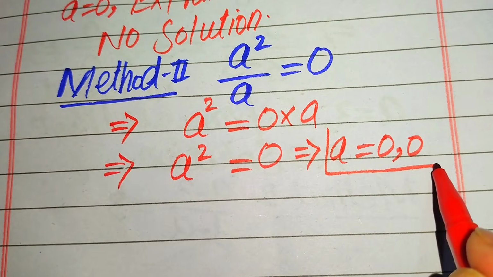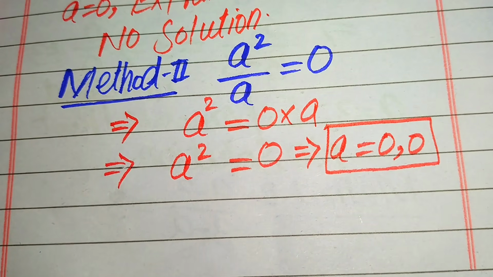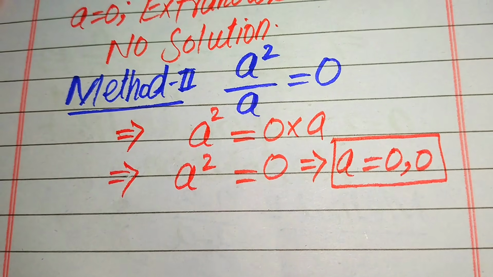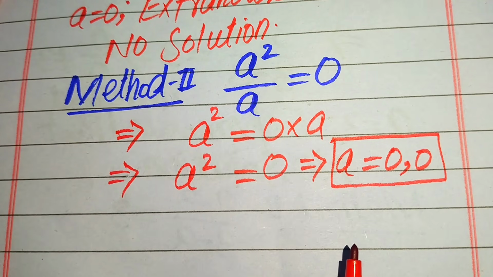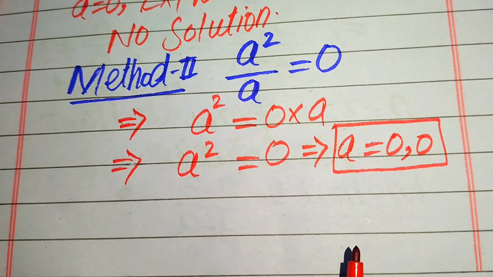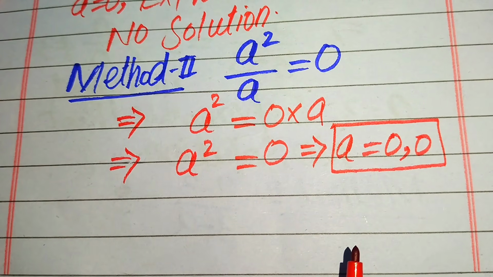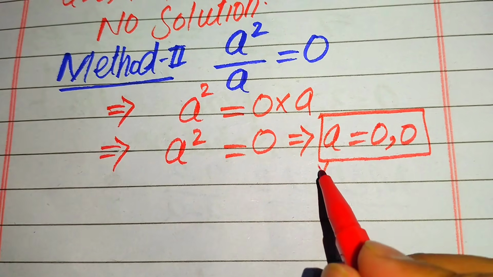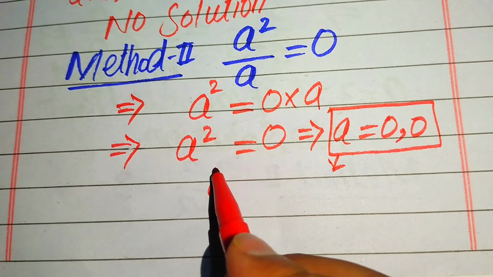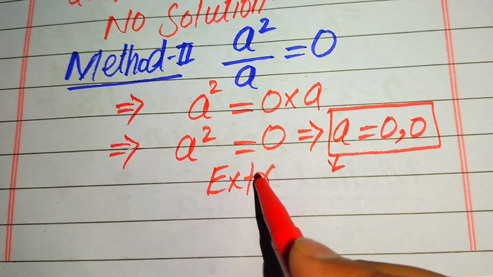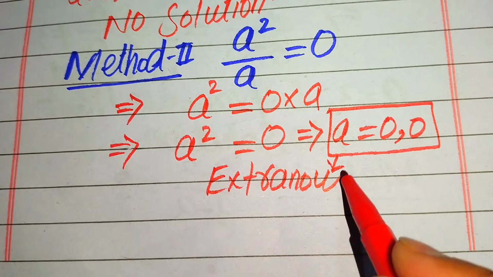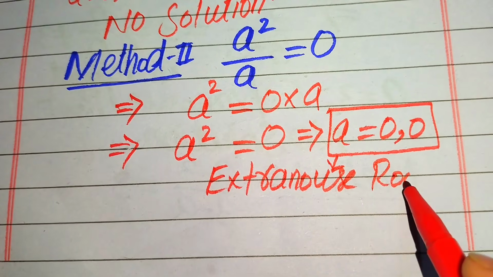So here we get two repeated roots of the given equation, and these repeated roots are zero. In the first method we already verified that this value of a does not satisfy our given question statement, so we call these roots extraneous roots of the given equation.